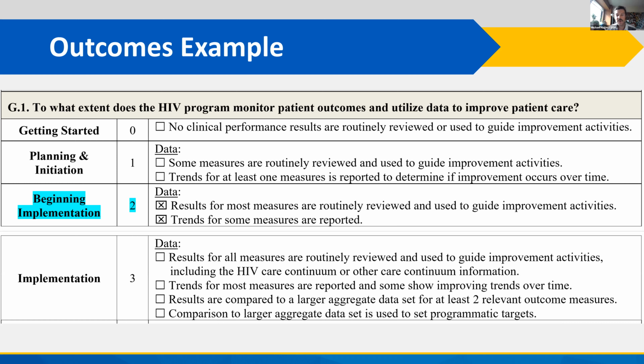The comparison to larger aggregate data sets is something that's really challenging, because this is talking about what percentile performance you have. So I need my agency to be compared with 100 other agencies or 30 other agencies. And where do we get a data set to be able to do that? This is the hardest part. And this is where we as a field need to be better at innovating collaboratively.